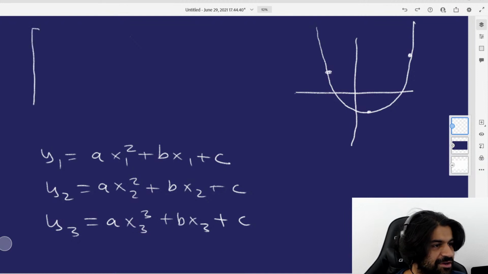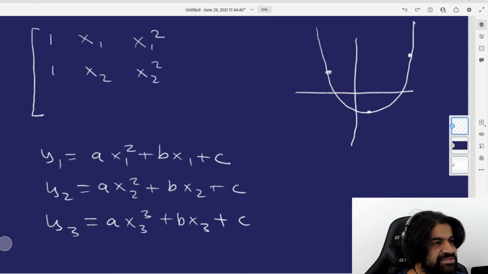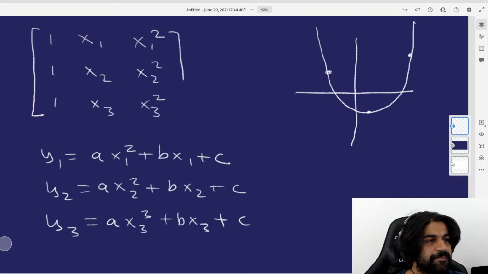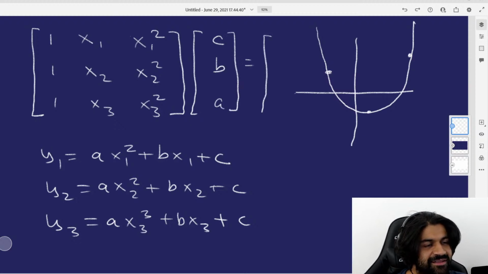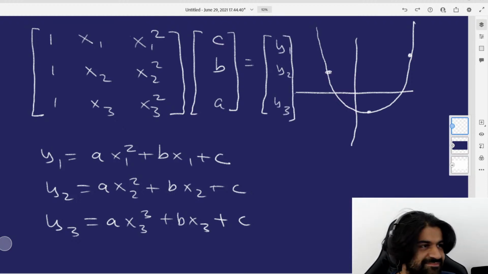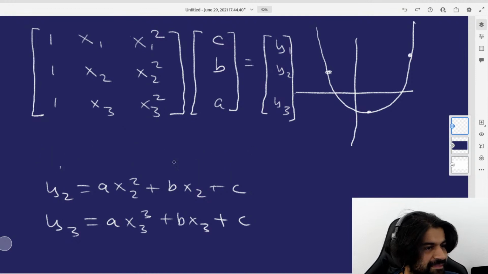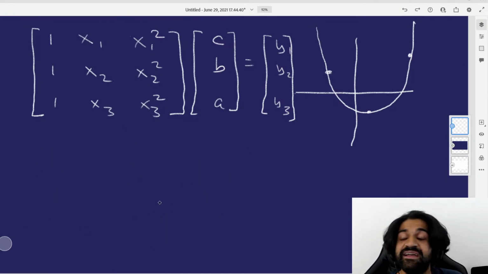You write it like this: the matrix with rows 1, x1, x1 squared; 1, x2, x2 squared; 1, x3, x3 squared, times, let's do C, B, A, should equal y1, y2, y3.